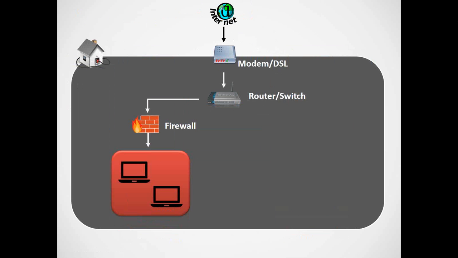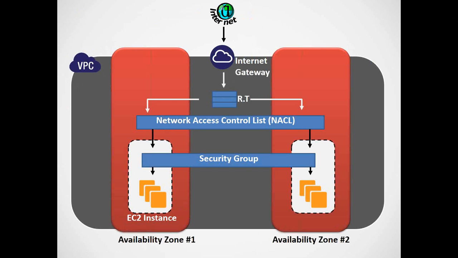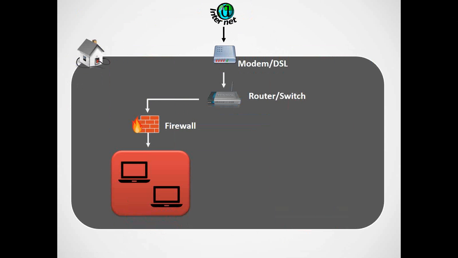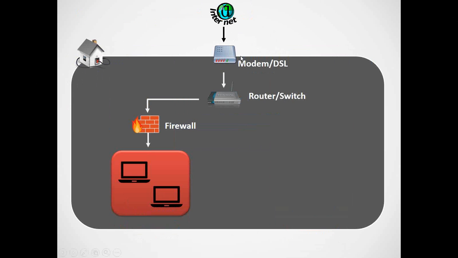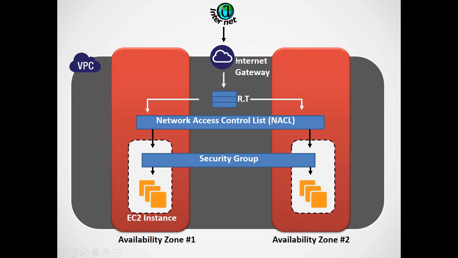Now, the same thing, if you compare it with AWS, you can see the difference. The only difference is that instead of our home network, we now have the virtual private cloud on AWS, and in that, instead of the modem, we have the internet gateway.